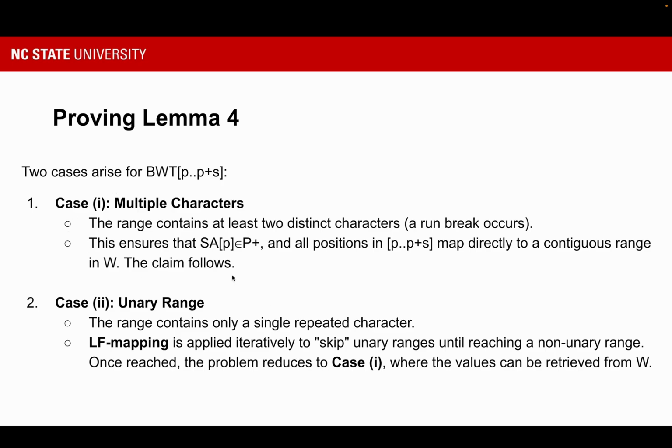So unless we find that in our range we have multiple characters, we can iteratively apply last to first mapping. Once we do that, we essentially reduce our problem to case 1, and the values can again be retrieved from our data structure W.